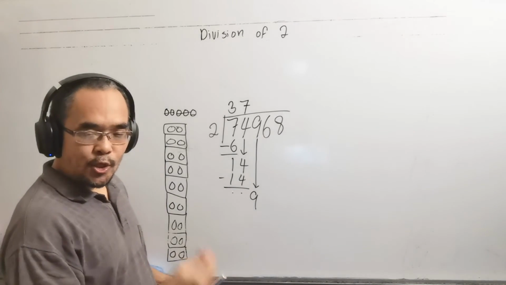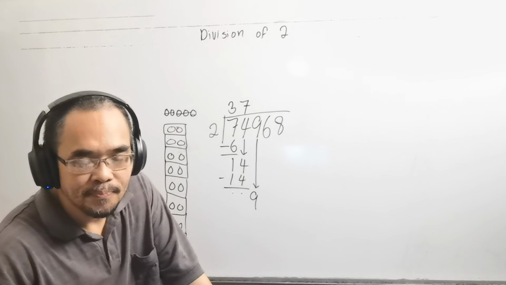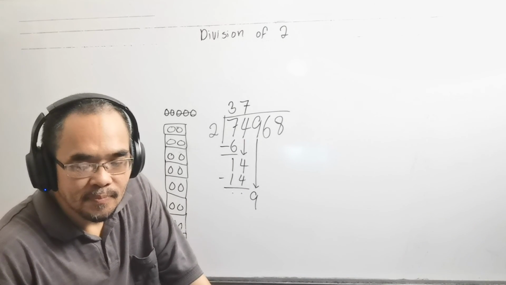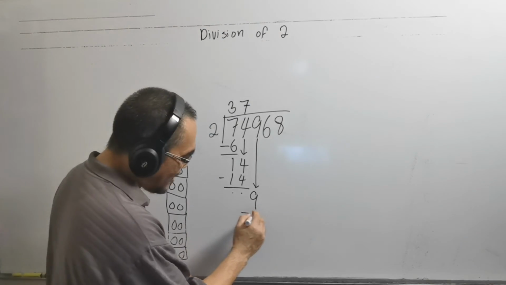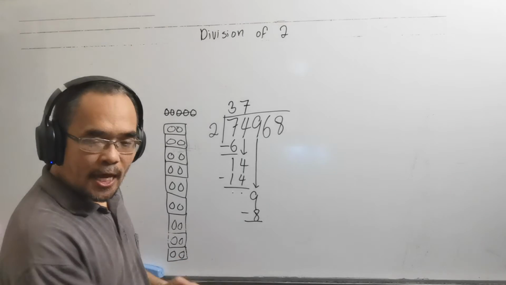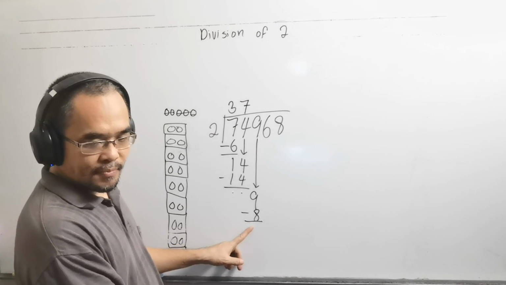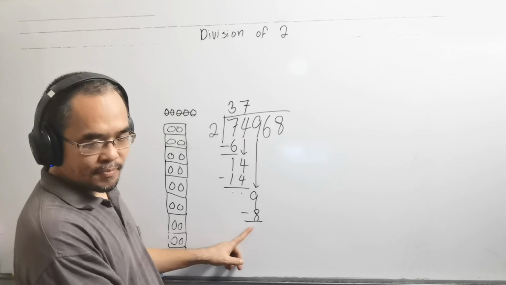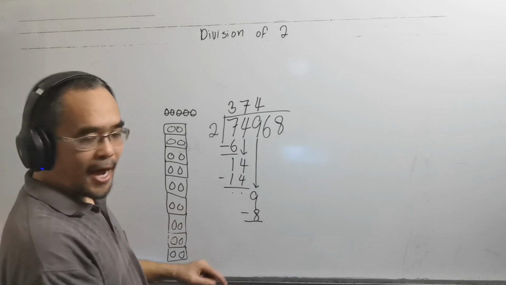You read multiplication of 2 until 9, if there is any. 8. Yeah, you got 8. So that number 8 is below 9. How many fingers do you use to get 8? 4. 4 you write down on top of 9.